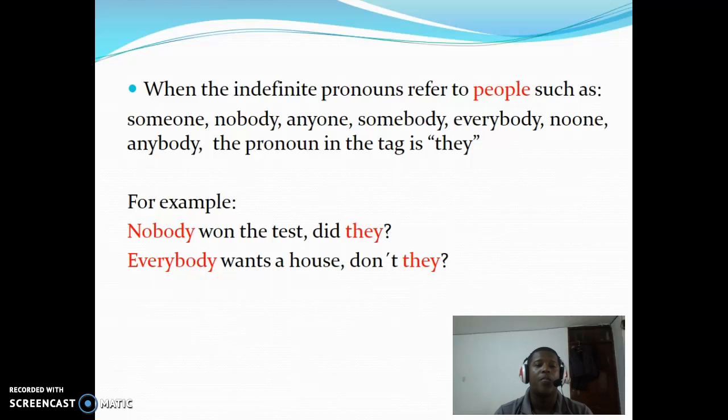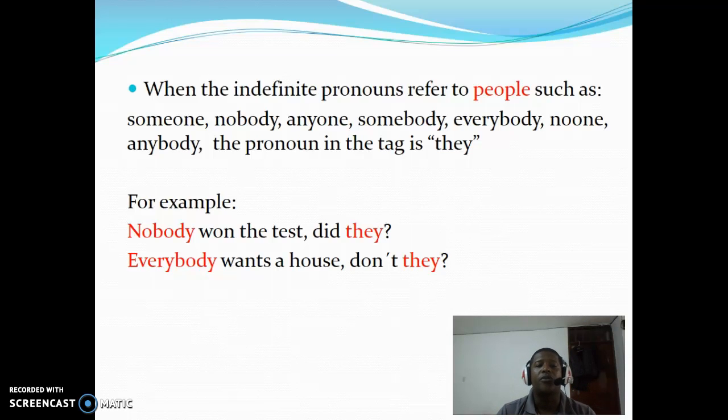For example, nobody won the test, did they? So you say, but why did they? Why not didn't they? Because remember that nobody is a negative indefinite pronoun. That's why in the tag I use the auxiliary do in affirmative form, right? When I say won, I'm referring that the action was in the past.